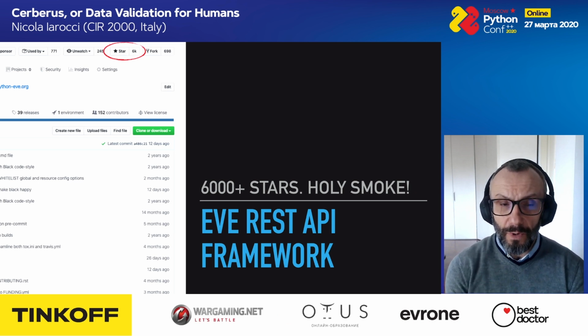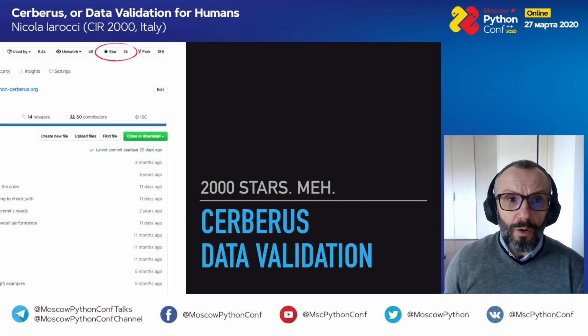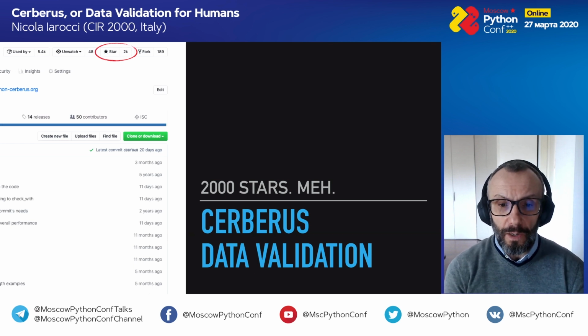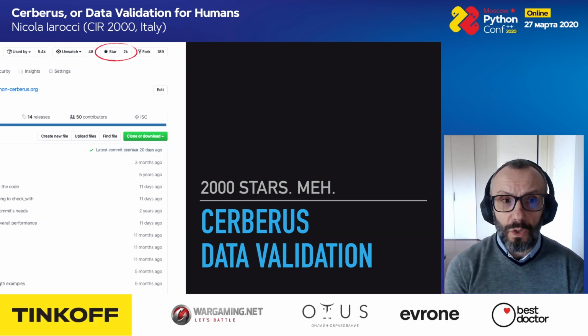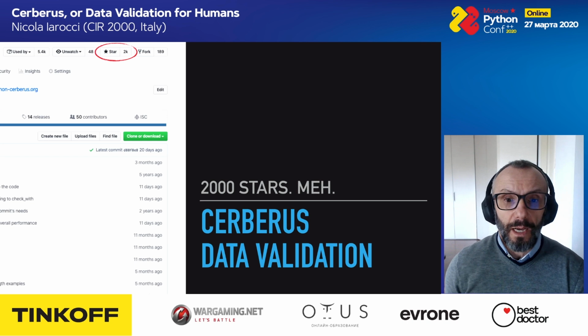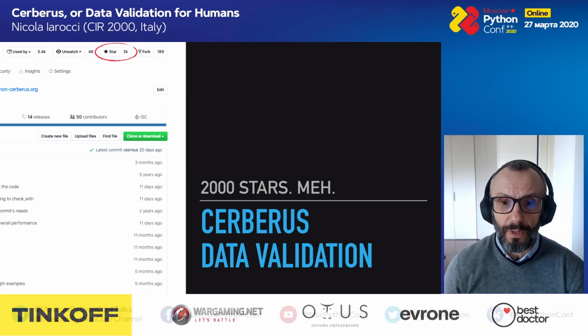It is a very successful framework and it has a lot of stars. If we look at the Cerberus repository, it has relatively few stars compared to Eve, just 2,000. So not that many stars, and that might tell you that Cerberus is not so successful compared to Eve itself.